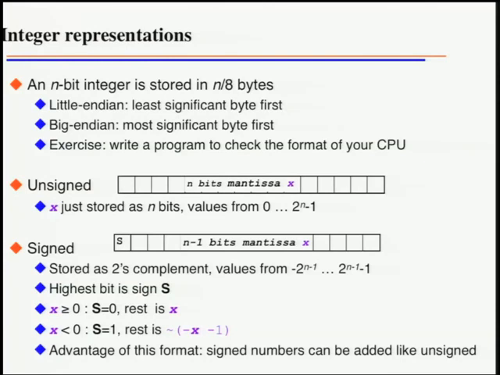Then for unsigned integers, the storage layout is very simple. If you have an n-bit unsigned integer, you have n bits, which just one after the other store the number in binary format. Nothing specific, nothing special. If it's signed, the first, most significant bit is the sign bit. And afterwards, you have n minus 1 bits of the actual number.